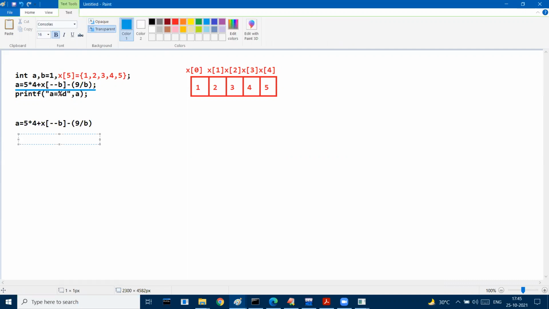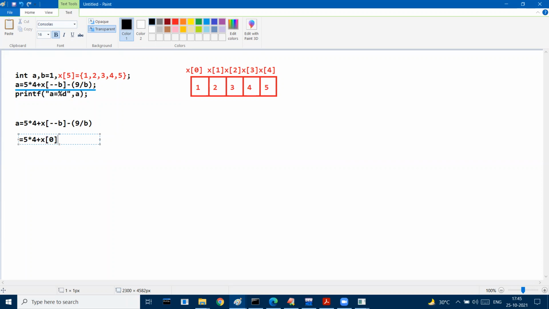Is equal to 5 into, first let me put the values, then we will go for evaluation: 5 into 4 plus x of minus b. That means it is pre-decrement. The b value is 1. Minus b means it will become x0. See, guys, it is becoming x0.